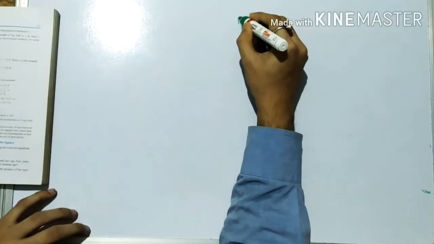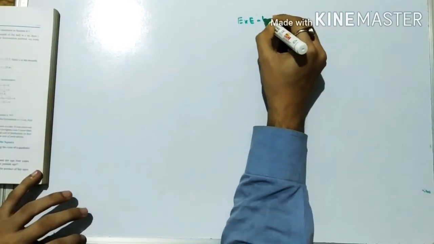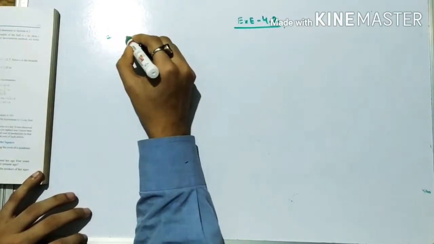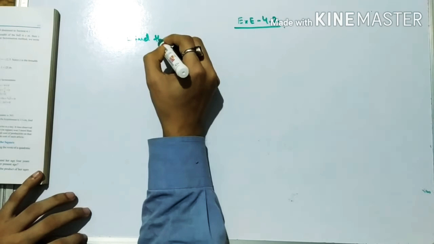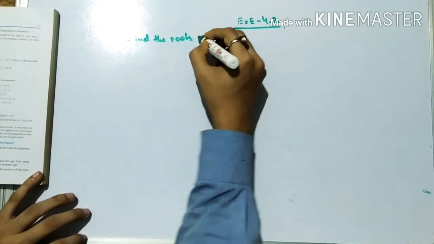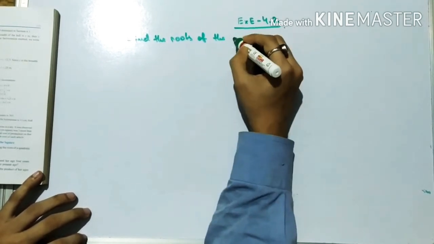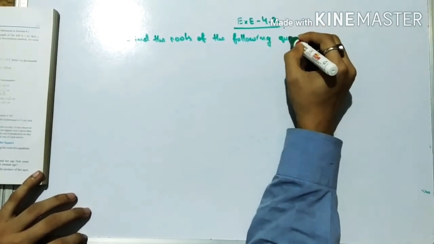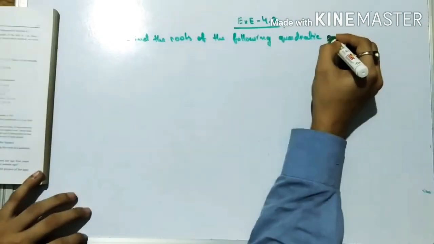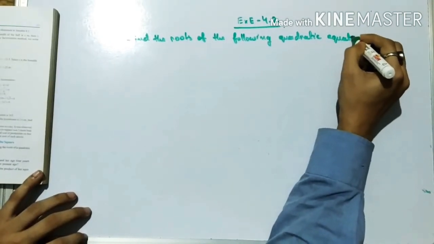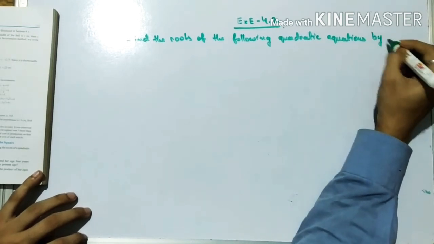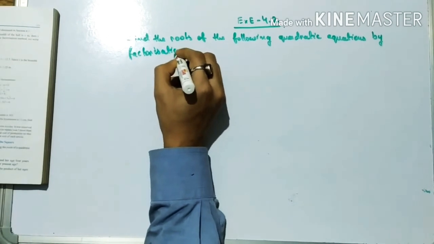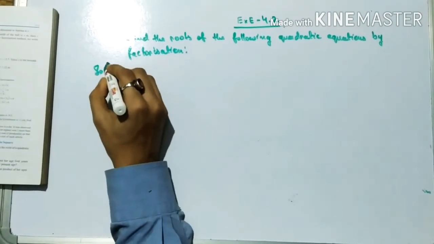Okay, next you see exercise 4.2. Question number 1 is saying: find the roots of the following quadratic equations by factorization.